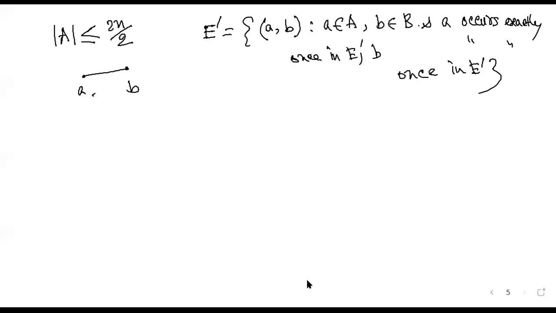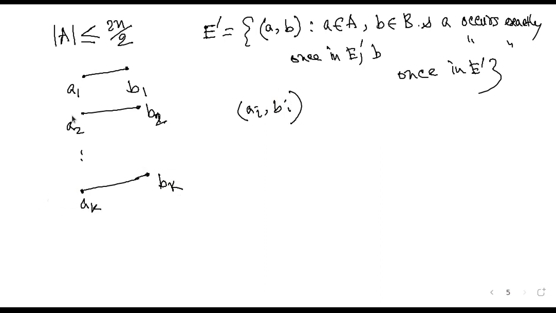Is that understood? Say if we have sets A1 to AK, then we have distinct vertices in B such that there is an edge between AI and BI.